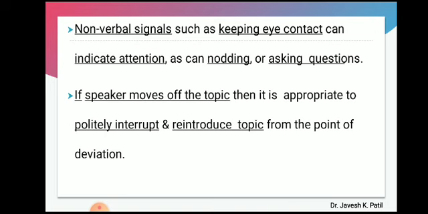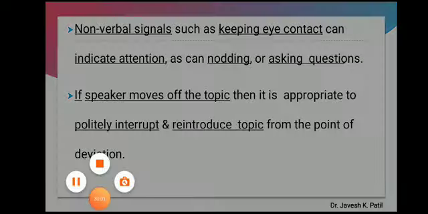They should politely interrupt the sender: excuse me sir, sorry, you have deviated from the topic, can we please go back to the regular topic we are discussing. Likewise you have to interrupt. If you are listening, only then is it possible, and you reintroduce the topic which has been deviated from by the speaker.